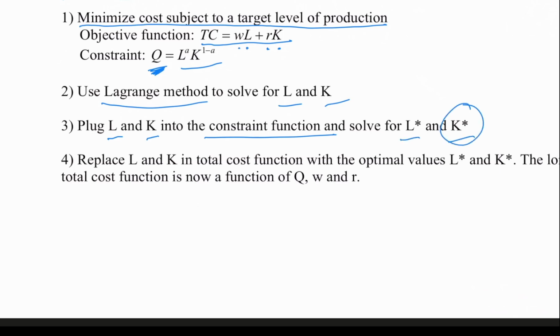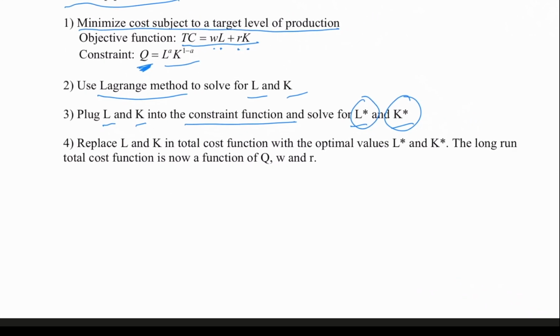These are the optimal levels of labor and capital. And the final step is to replace L and K in the total cost function. This is the total cost function with the optimal levels of L and K, so that we get the long-run total cost function, which is now a function of our desired output level Q, the wage, and the rental cost.